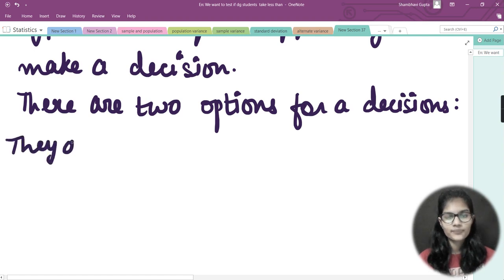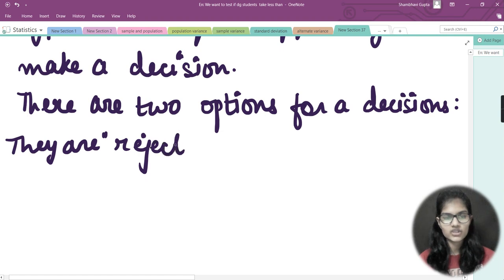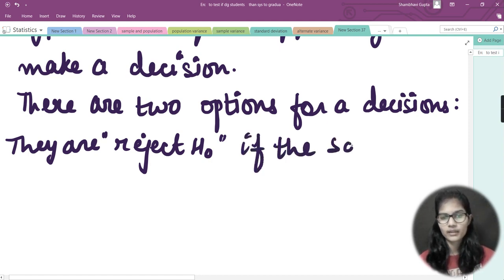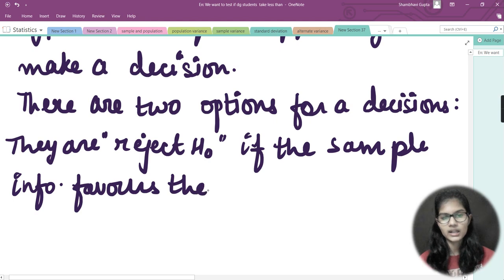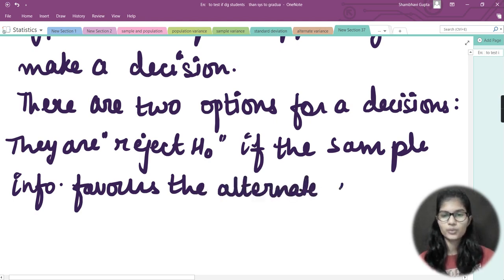It is basically reject H naught. If the sample information rejects H naught, basically it means that the sample info which I have favors the alternate hypothesis, okay.